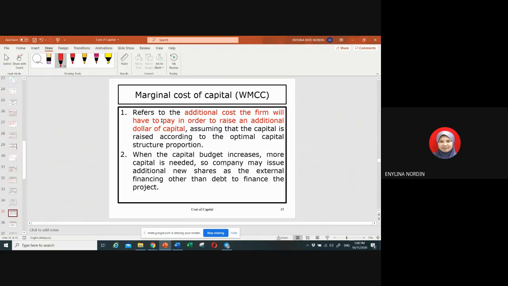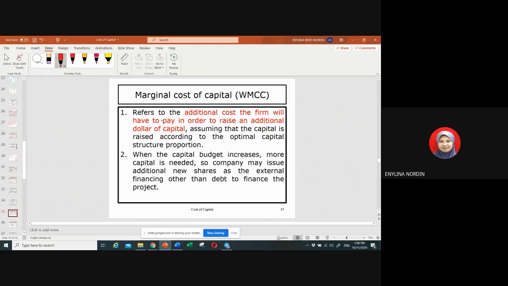So if the company has to issue additional equity because it has not enough internal funds to finance the new project, the weighted average cost of capital will change to the weighted marginal cost of capital, WMCC.